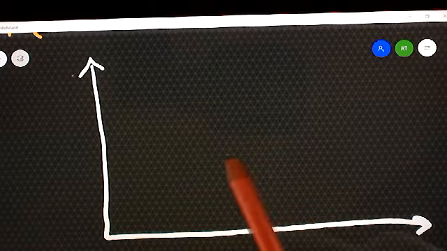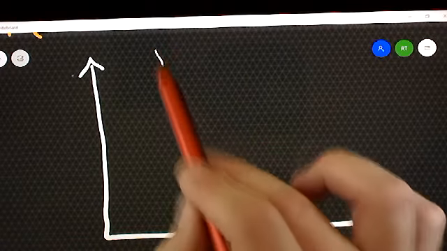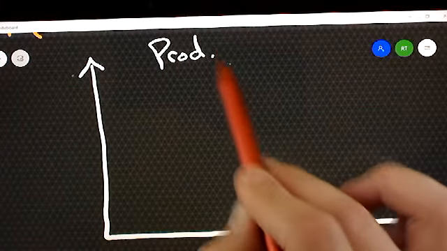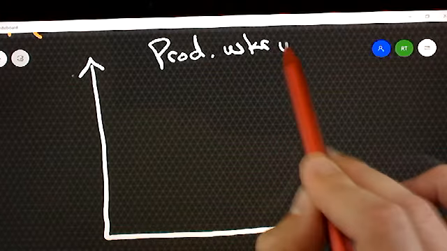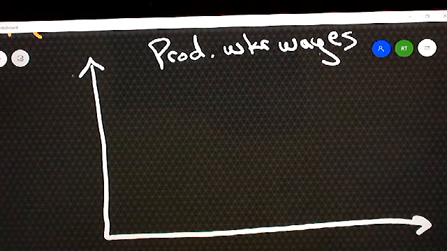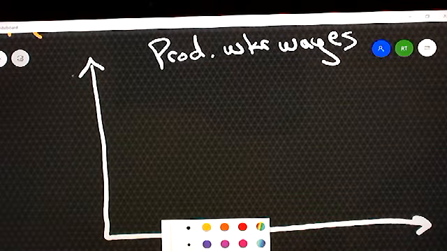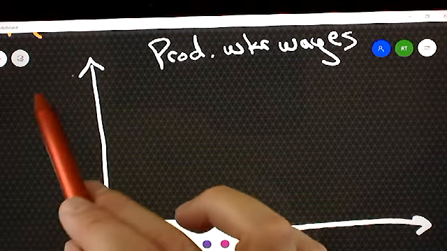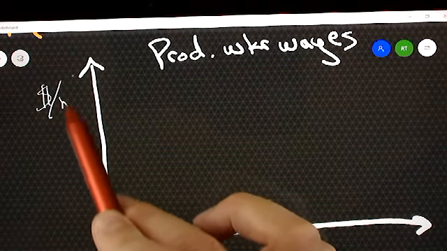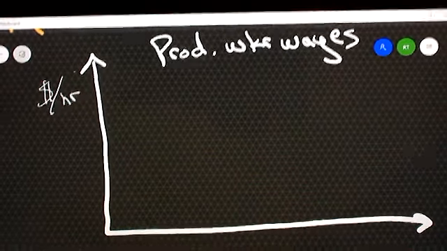The median wage or whatever the case may be. So this is production workers' wages. This is the hourly rate they're getting paid.